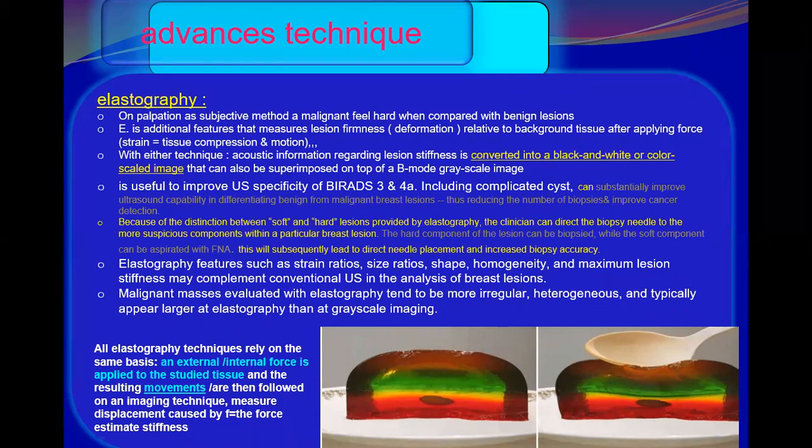Generally, ultrasound is a good modality with relatively good sensitivity, but lower specificity. So one of the methods that improves ultrasound specificity is elastography. Usually it is recommended to be used for equivocal lesions.